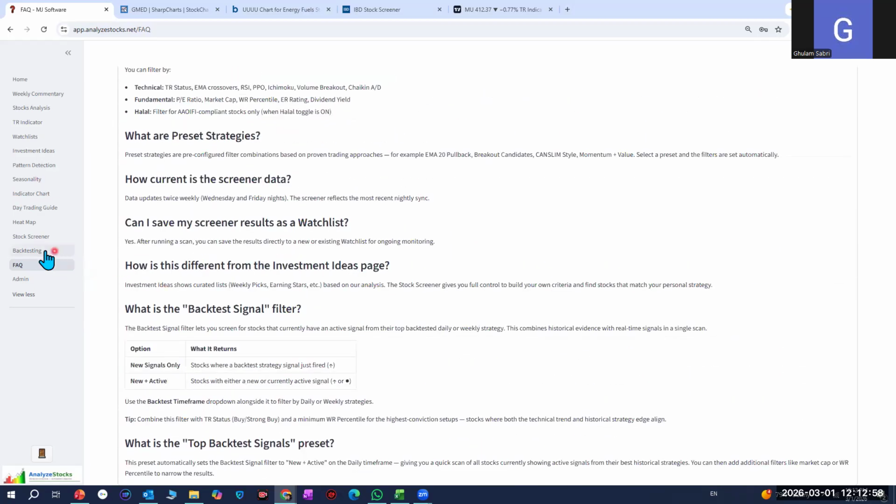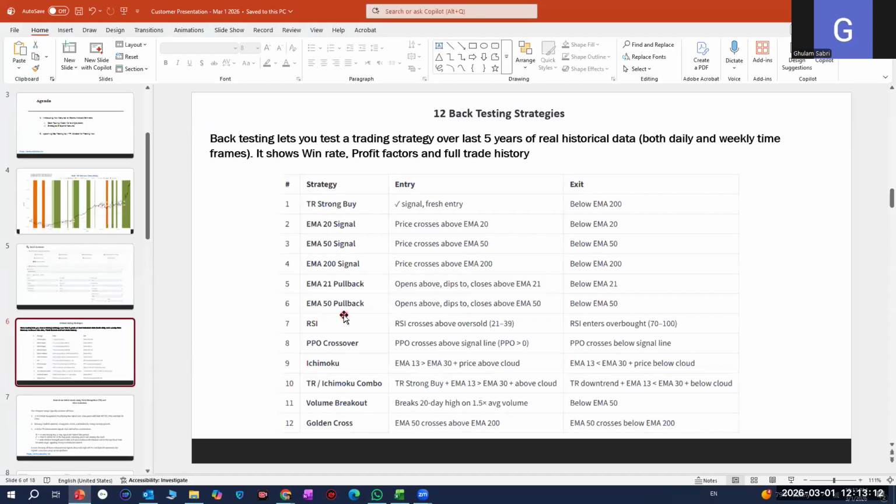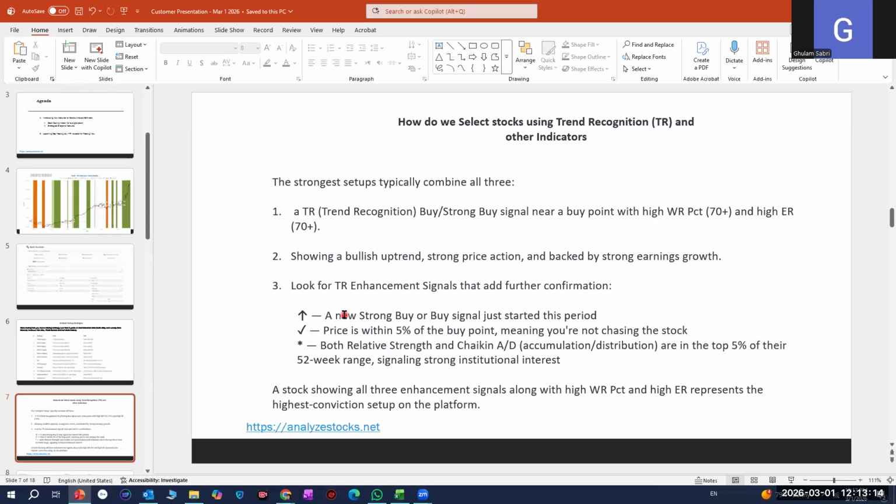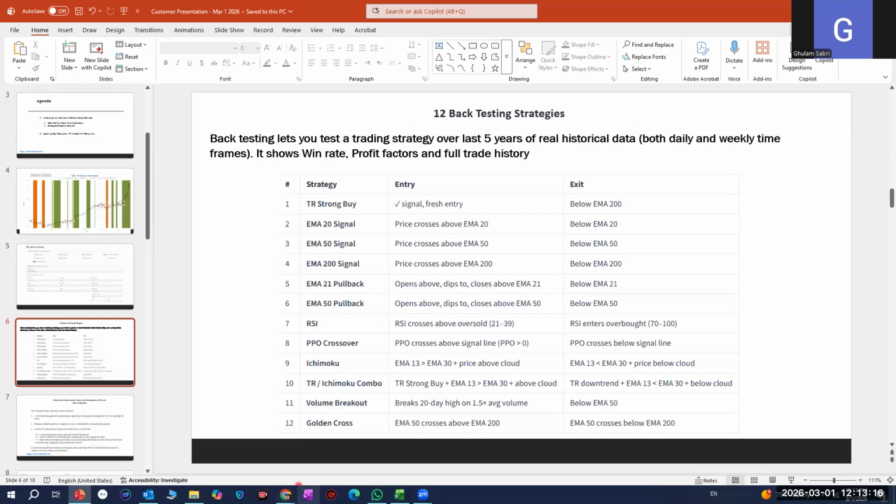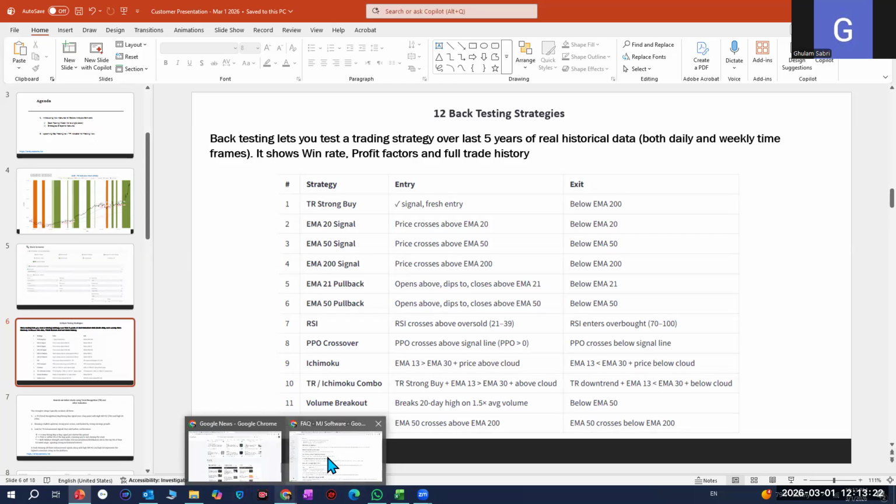Let's go to the backtesting page directly, and then probably it will be more clear. For example, how to start with selecting stocks and going through the backtesting module. Let me see if I have missed anything else over here. I don't want to go into very many details, because it can confuse and overwhelm people. So let's keep it very simple and straightforward for the time being.